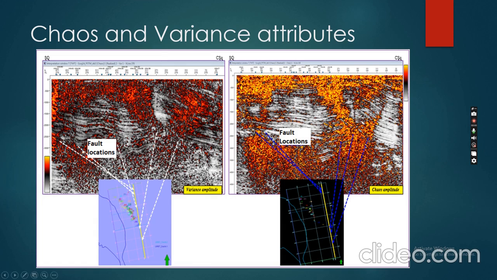There are fault locations around it, and similarly we can see the chaos amplitude map here, and it also represents the faults, and it is mathematically very similar to the variance attribute. Together, these two attributes give a much clearer picture of the structural complexity and variations in the subsurface, which we could not see from the regular seismic sections.